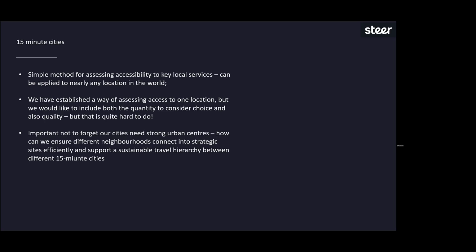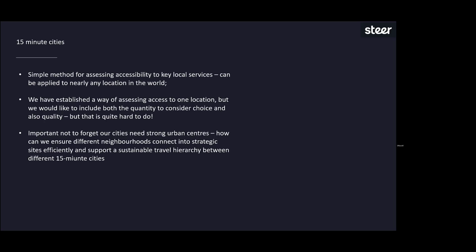One thing I would say at the moment is our approach is really great at assessing access to services, but I would like to update the analysis to include the quantity of things that you can access.